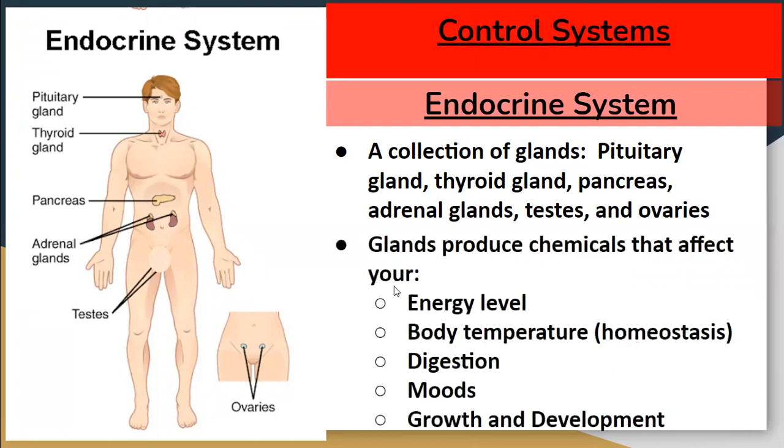So glands produce chemicals that affect your energy level and your body temperature. They want you to maintain homeostasis with your body, so the glands help with that. They also help with your digestion, your moods, and your growth and development. The endocrine system is very important.